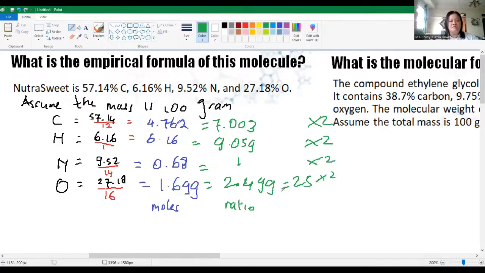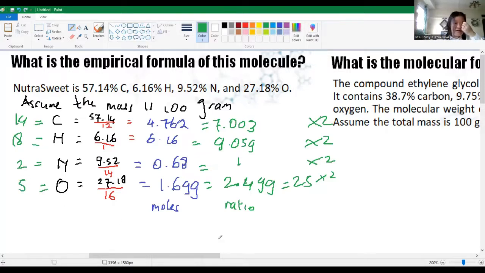So therefore, for C it is 14, for H it's 18, for N it is 2, and for oxygen it is 5, which is 2.5 times 2.